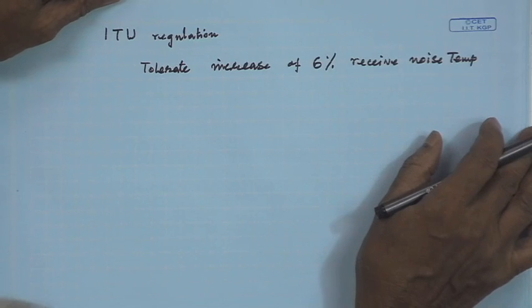So that interference has to be tolerated. You can see from this brief discussion that the gain of the antenna comes into the picture. It is a very important point. At which direction your station is from the satellite, which direction a station is pointing to the satellite, and what the gain pattern is, that really affects the interference. We will see more detail of that, but first let us see this 6% thing.